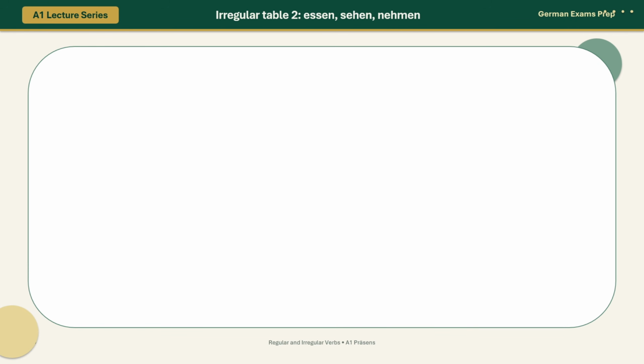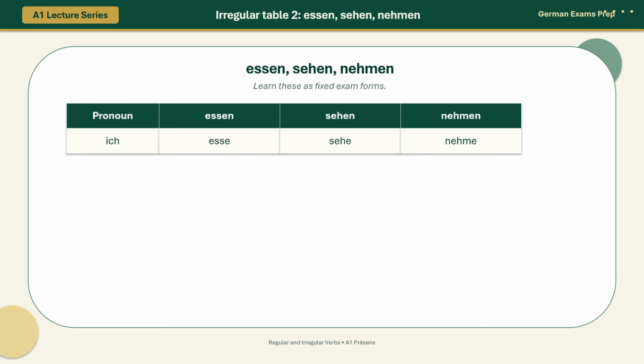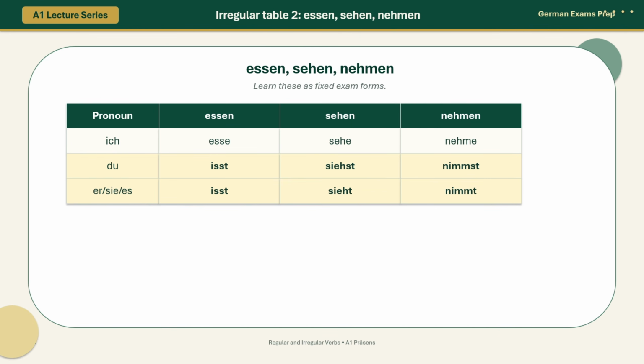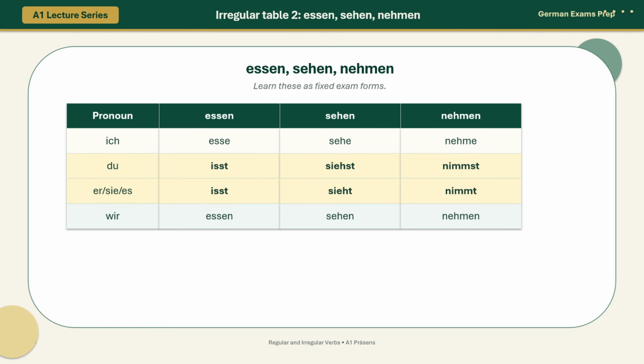Now we have 3 more common A1 verbs: essen, sehen, und nehmen. Essen, to eat, sehen means to see, and nehmen means to take. Here you see, ich esse, ich sehe, ich nehme. Du isst, du siehst, du nimmst. Er, sie, es, er isst, er sieht, er nimmt. Wir essen, wir sehen, wir nehmen.